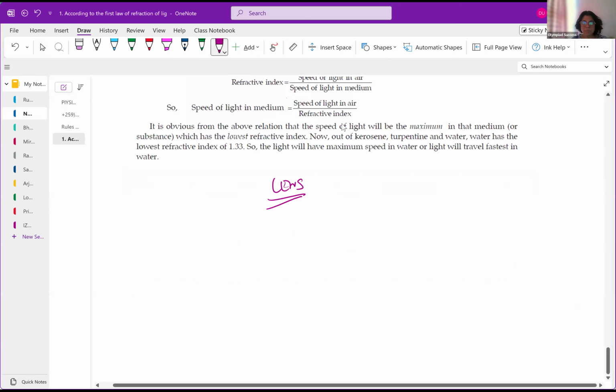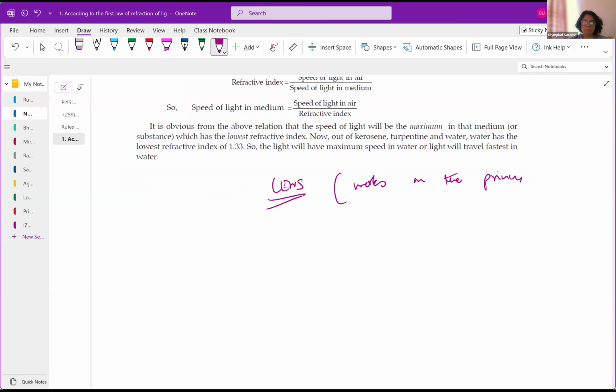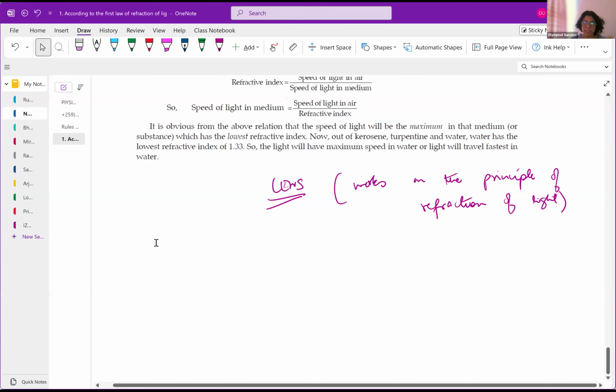So a lens works on the principle of refraction of light, and a lens has two spherical surfaces. A lens is nothing but transparent glass which has two refracting surfaces.